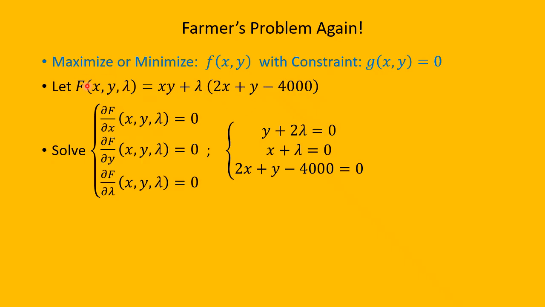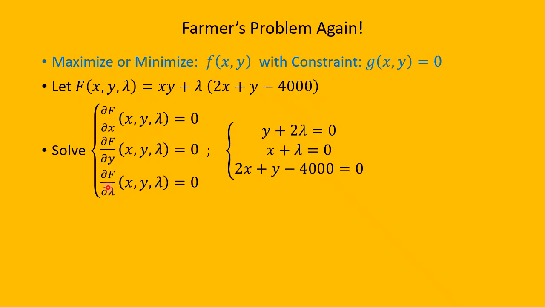If we differentiate capital F with respect to x, the derivative of this term with respect to x is y, which is what we have here. The derivative with respect to x of this stuff is going to be lambda times 2 plus 0 plus 0. So you just get 2 lambda. Similarly, when you differentiate capital F with respect to y, you get this.